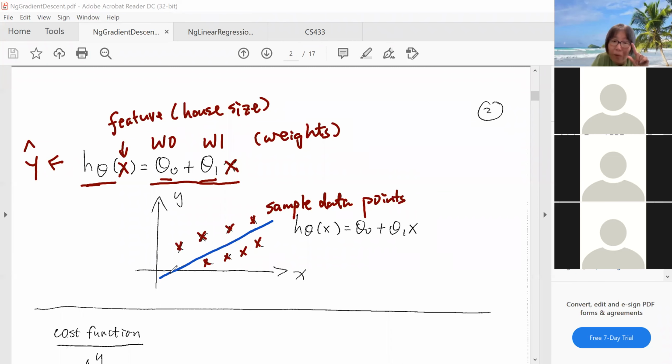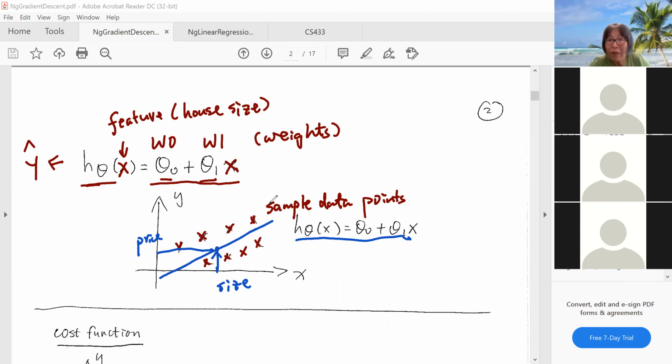It's going to follow this hypothesis. Then whenever you have a new house size, you can predict the price. So here is the price, then here is the size. So we try to find this pattern.